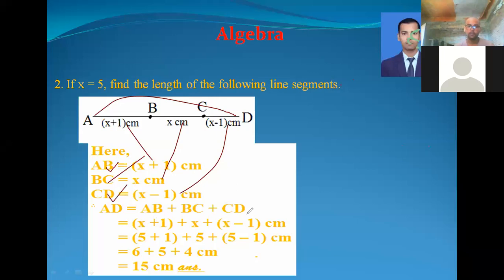This is given to you on the screen here, AB plus BC plus CD, where the value of AB is x plus 1 centimeter here. Similarly, value of BC is here x centimeter, so that is x.